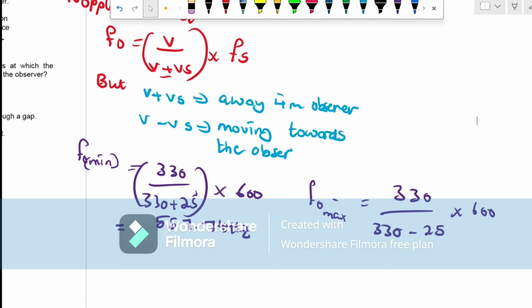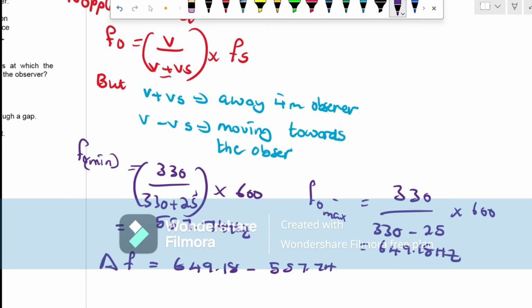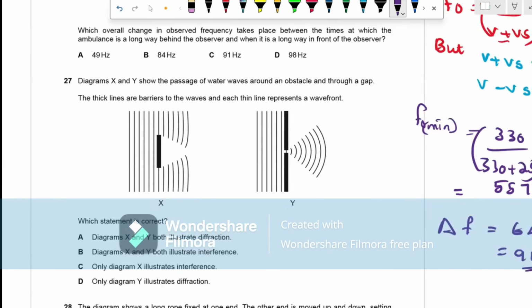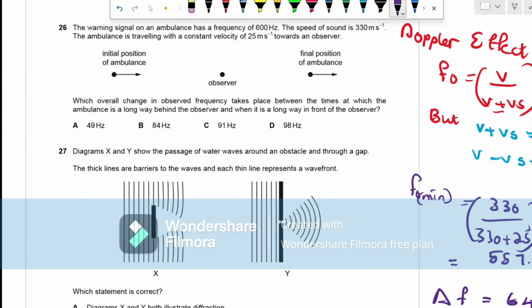If I calculate this, it's going to give me an answer of 649.18 hertz. So the change in the frequency itself is going to be 649.18 minus 557.74. Then the change is just going to be 91 hertz. So the change is going to be equivalent to 91 hertz. Very important.